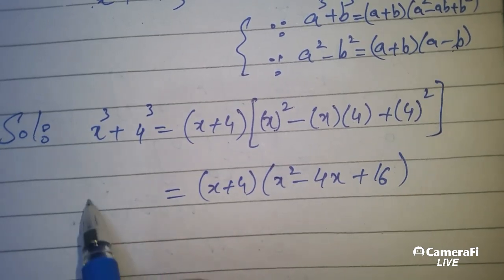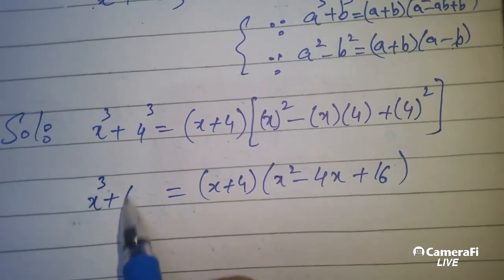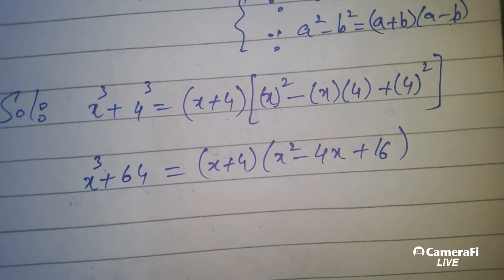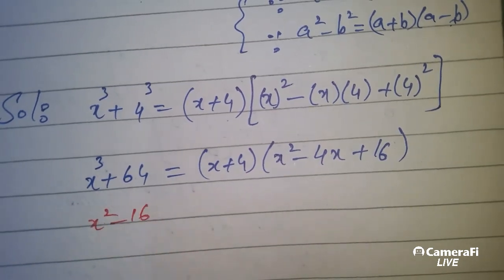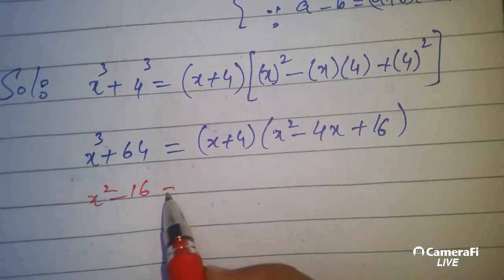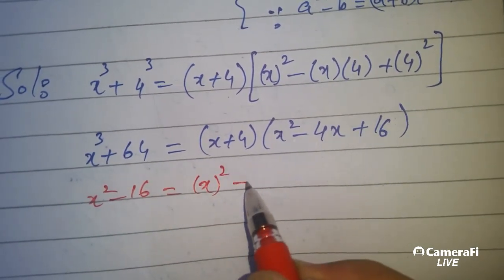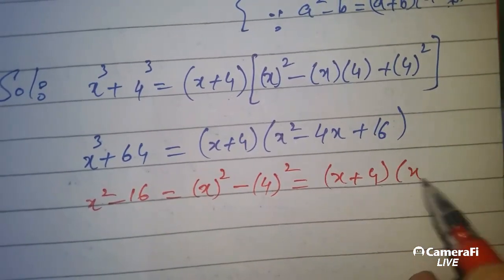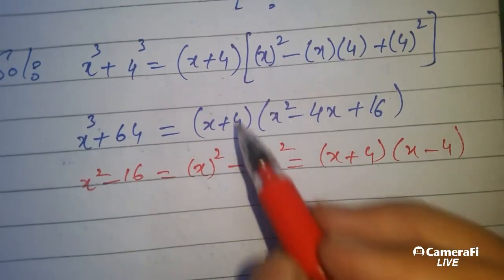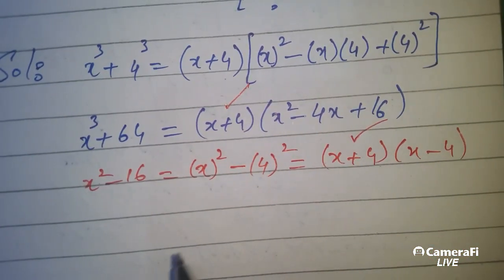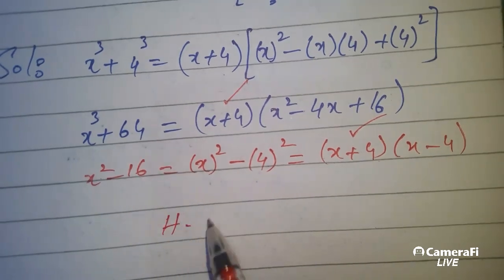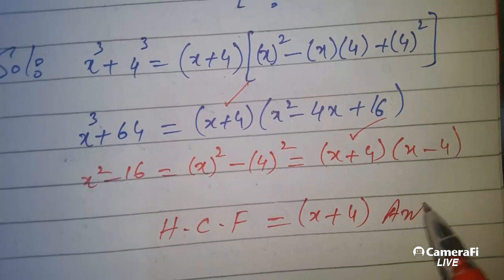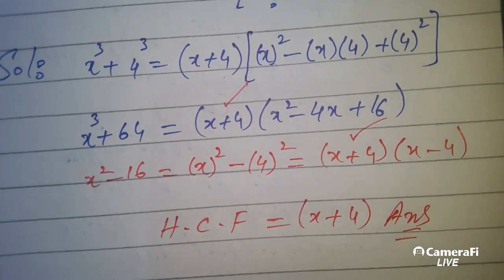And the other thing that I have is x square minus 16, which can be written as x raised to power 2 minus 4 raised to power 2, which can be written as x plus 4 into x minus 4. So which is common in these two? x plus 4 is common, so this is the HCF, x plus 4. And the question is over.